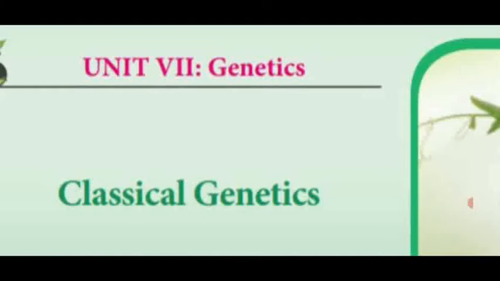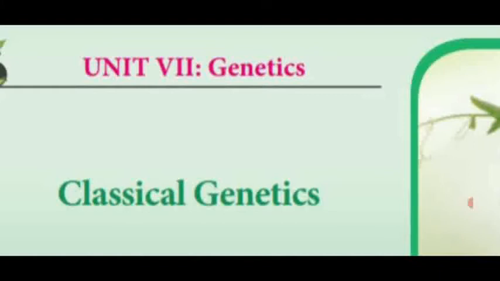Dominant alleles are symbolized in capital letters, recessive alleles are symbolized in small letters. The pair of alleles having one dominant and one recessive is named heterozygous tall plant, that is heterozygous alleles. These are all the terminology related to Mendelism.